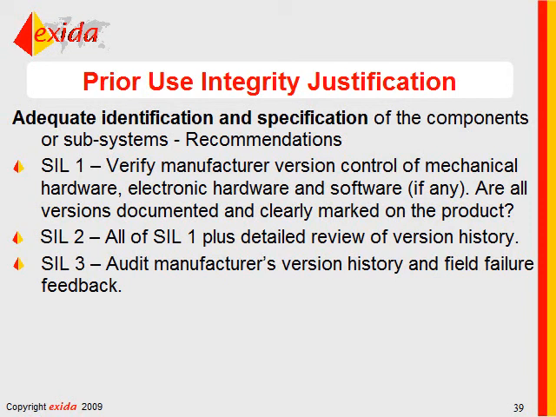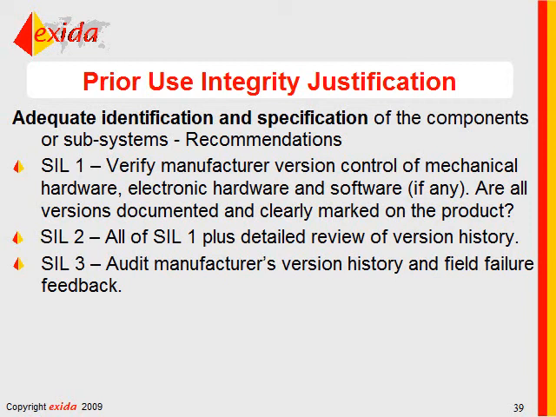So what do you got to do about that? You have to make sure you understand the engineering change process and that the revisions of hardware, software, and mechanical changes are properly recorded, and you, the purchaser, are informed of all of those changes. For SIL 1, I'd make sure the manufacturer has a version control system and documents what version you are buying.